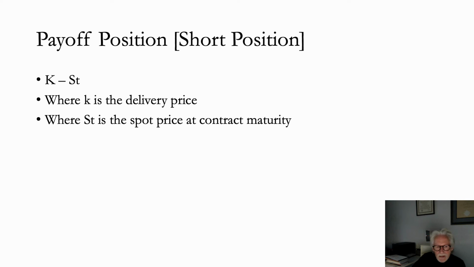And of course we have the payoff for the short position, where it's K, the delivery price, minus the spot price at contract maturity. Again, we're talking about the forward contract, not the contract of sale for wheat.